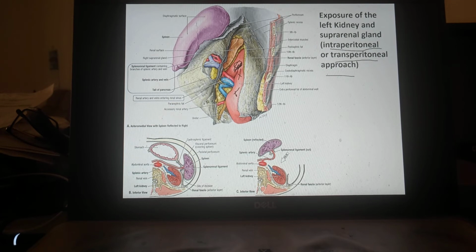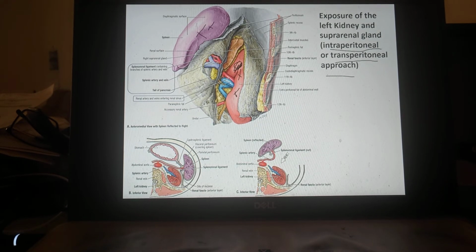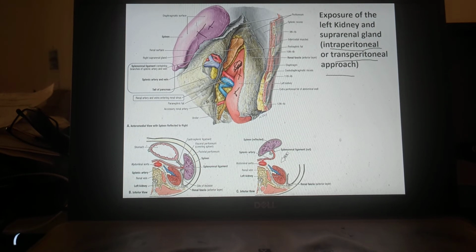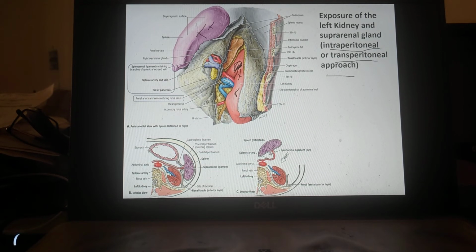So we have to peel the parietal peritoneum, and of course we have to retract all these organs which cover the left kidney, like the spleen or pancreas, also the stomach. To arrive at the left kidney, we have to divide the greater omentum and reflect the stomach upward to reach the stomach bed or lesser sac, and then peel the peritoneum in the lesser sac, because this area here is the lesser sac.